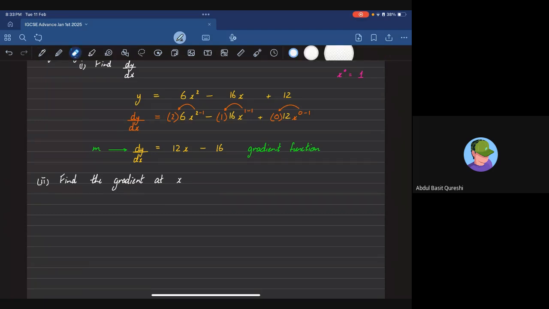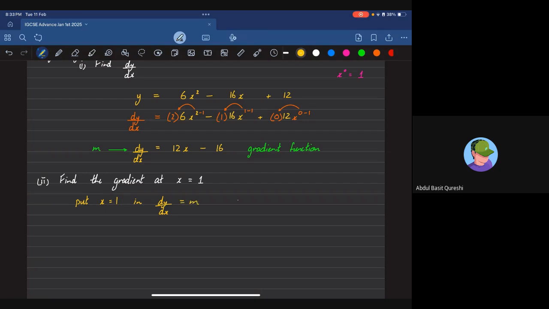You cannot find the gradient of the entire curve because it's changing. You need to find the gradient of one point on the curve. So if I've chosen x is equal to 1, what you're simply going to do is put x is equal to 1 in dy upon dx, because that is equal to your gradient.